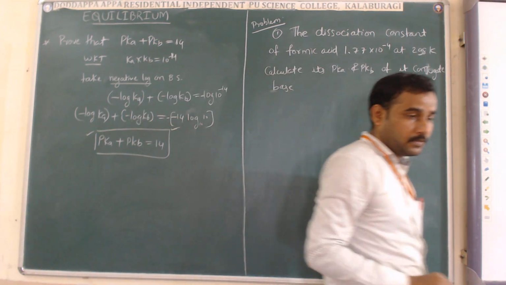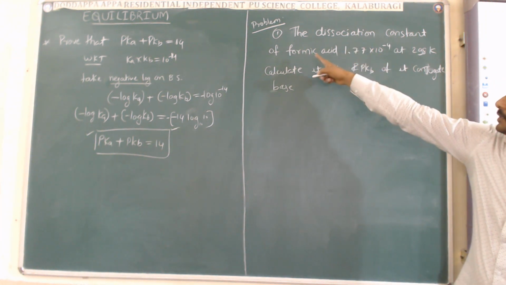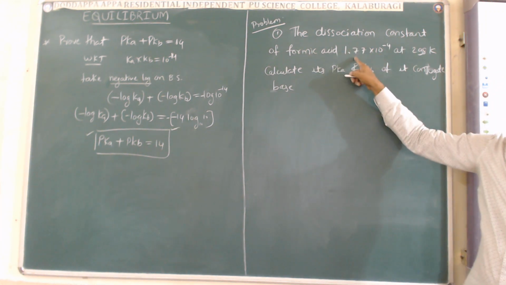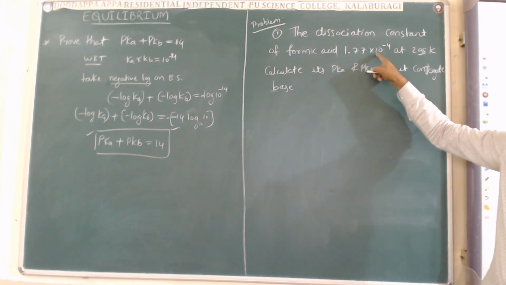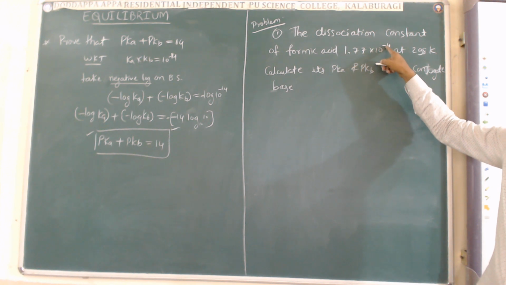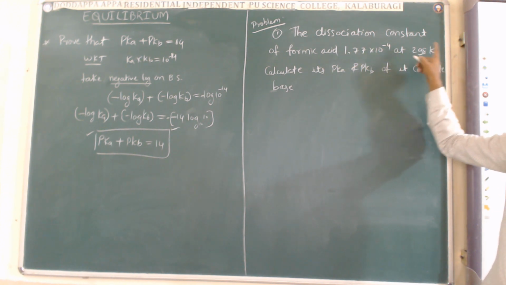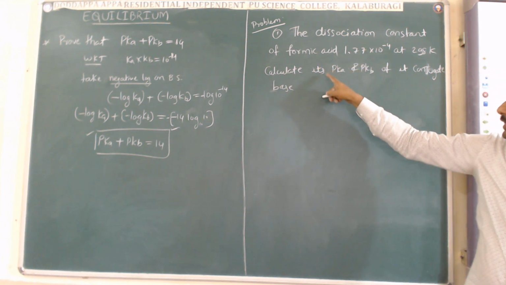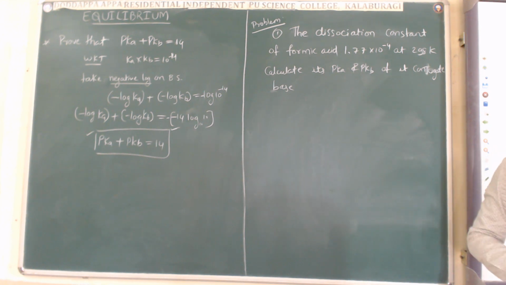What is the problem? You first have to see the problem. The dissociation constant of formic acid is 1.77 into 10 raised to minus 4 at 298 Kelvin. Calculate its pKa and pKb of its conjugate base here.